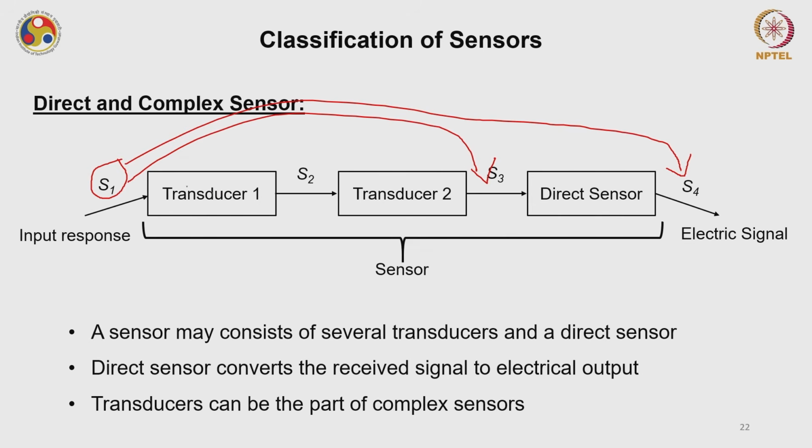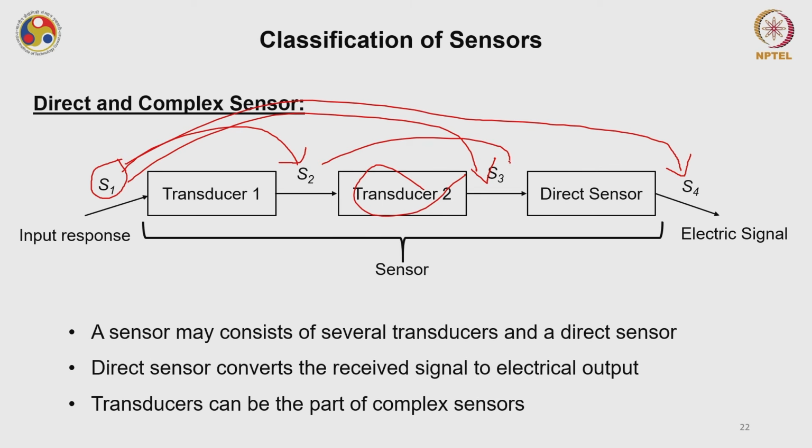By using transducer 1, he has first converted signal S1 to S2. Now, S2 is compatible with the input of transducer 2. So now he has given this signal S2 to transducer 2. Please note that S1, S2, S3 don't have to be electrical in nature, because you are dealing with transducers right now. So S1 has been converted to S2 and S2 is now getting converted to S3.